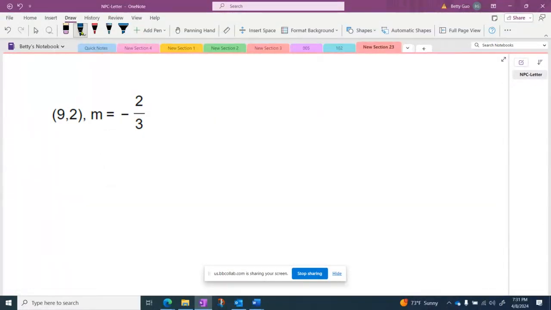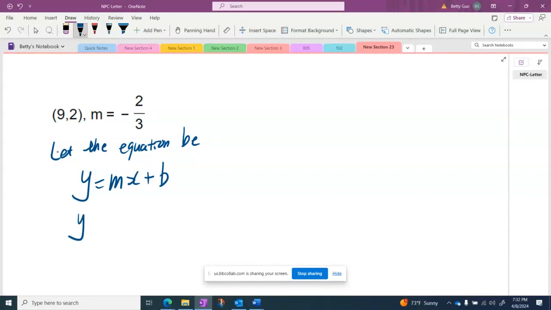Firstly, let the equation we're looking for be y equals mx plus b, right? And then since m is given, we can just plug it in. y equals negative 2/3 x plus b.